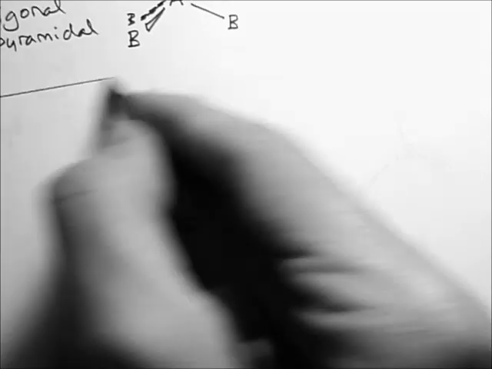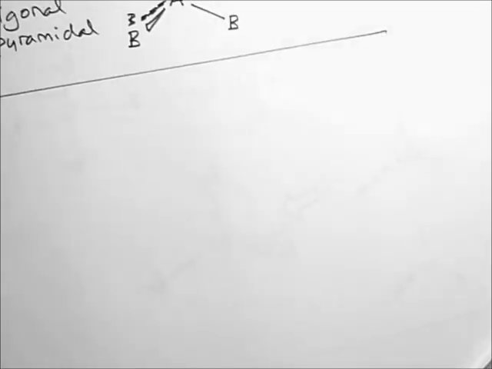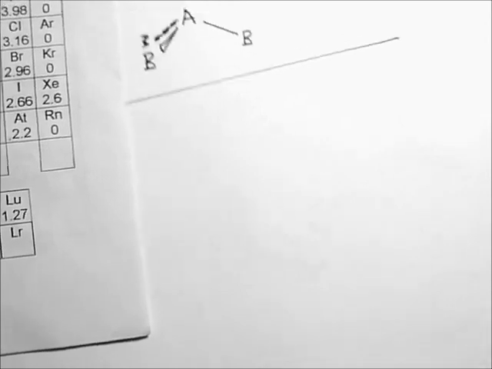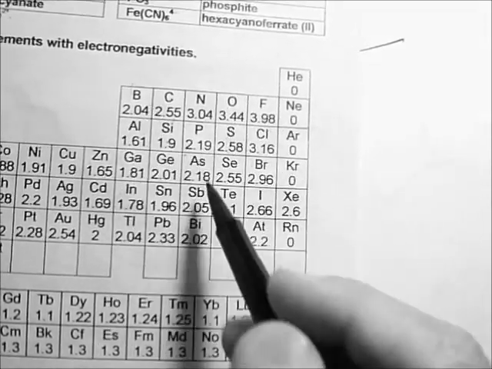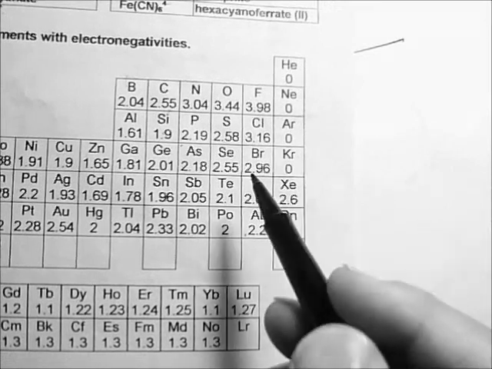Let me give you guys a couple of atoms to work with. Build a molecule and find out if it's polar or not. We need to remember, if it's covalent, it's almost always going to be just the nonmetals over here.